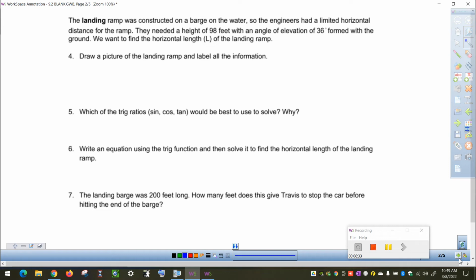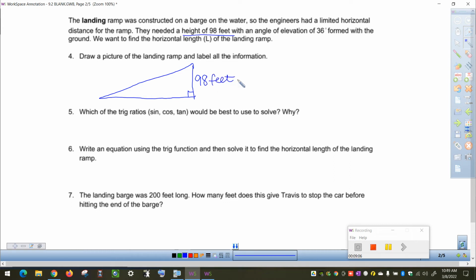So we're going to draw a picture again of the landing ramp. We're going to label all of the information they've given to us in the problem. All right, so let's have our triangle picture here. Let's orient it now the opposite way. So we can think about, okay, so this was the launch ramp, flying in the air. I'm going to land here. And if we start to take a look at some of the labels, it says that this one needed to have a height of 98 feet.